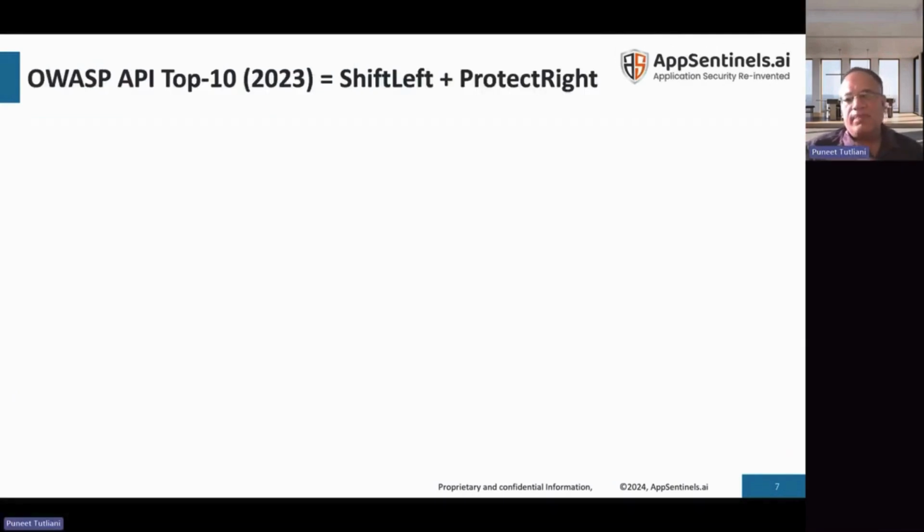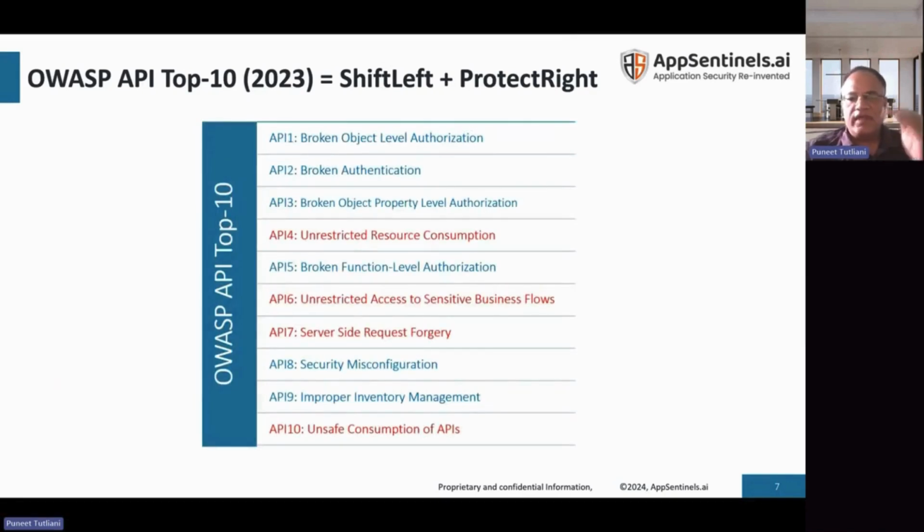Moving on, let me take you through the OWASP API Top 10 2023, and why this is important is that if you really see all the 10 controls that the OWASP API Top 10 recommends, there is a very interesting mix and emphasis on the shift left part as well as the protection part.